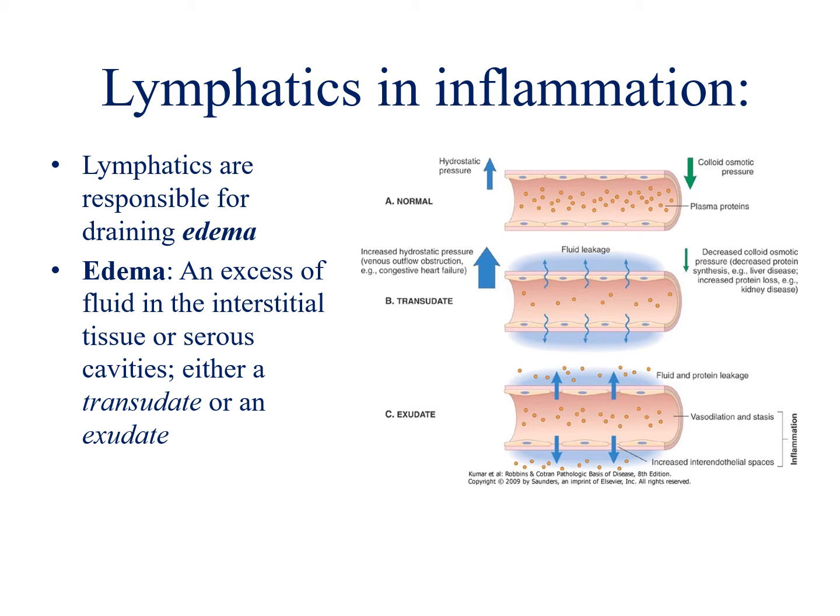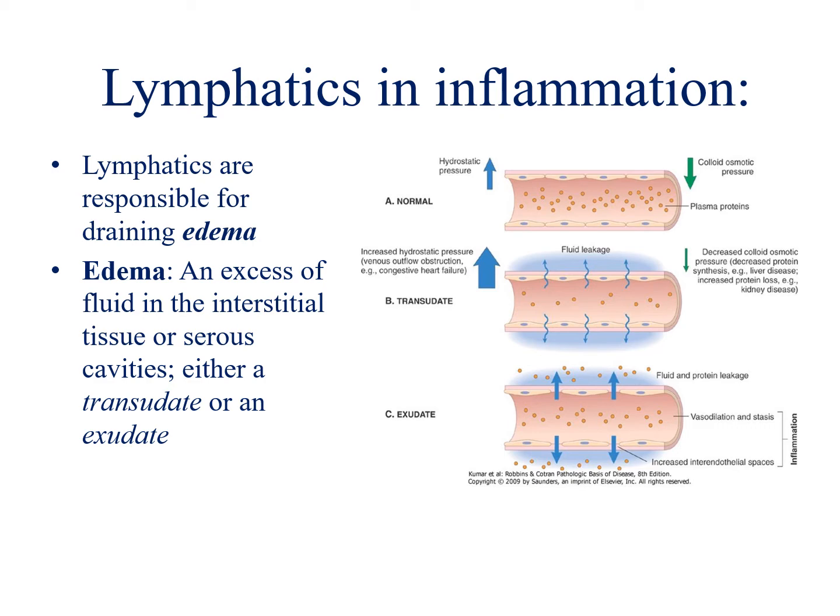So let's review from a previous lecture why plasma fluid can leave a blood vessel. This is basically called filtration. And specifically, we're going to talk about this filtration that happens in tissue capillary beds.